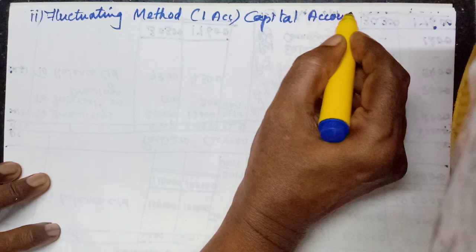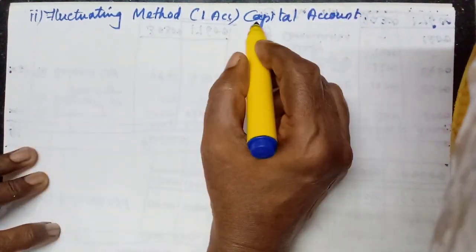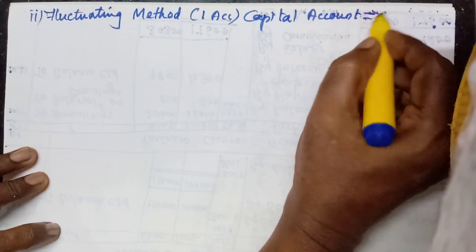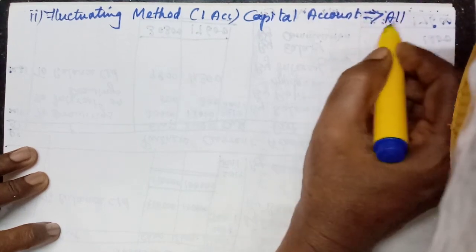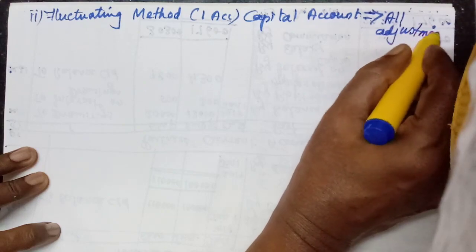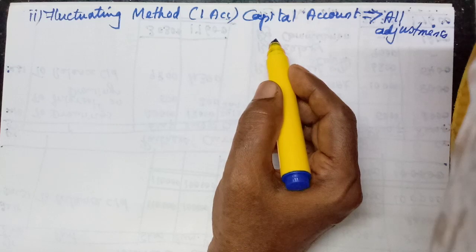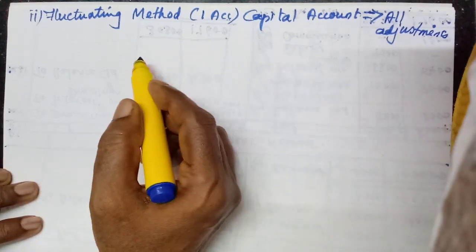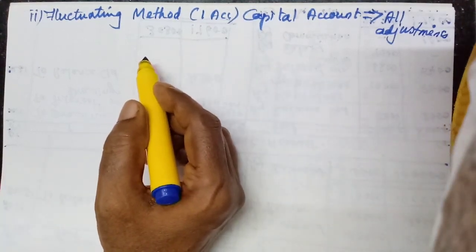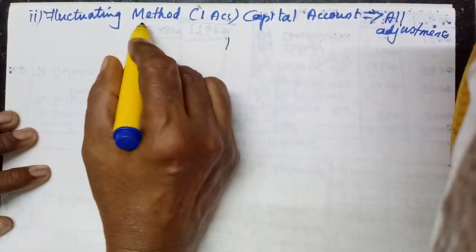Partners capital account. We will not have current account, because in this capital account only we will make all adjustments. Understand? All adjustments are done only in this capital account.